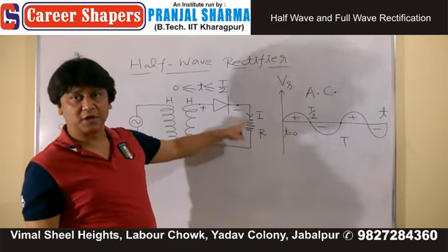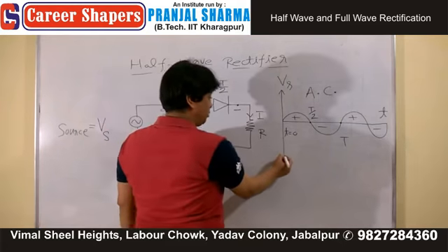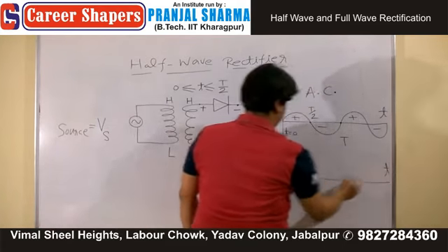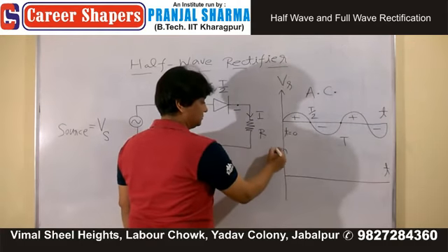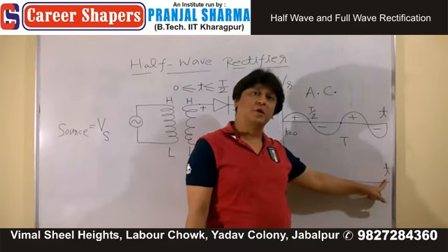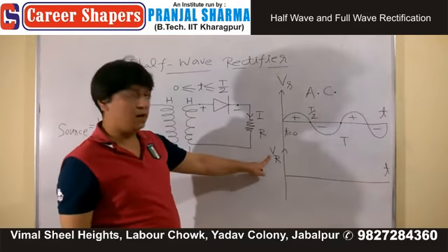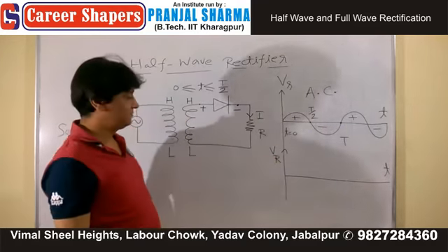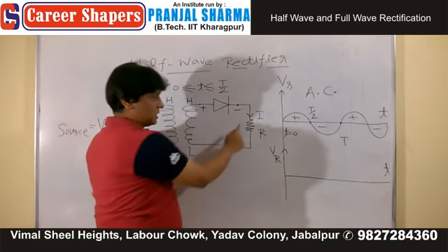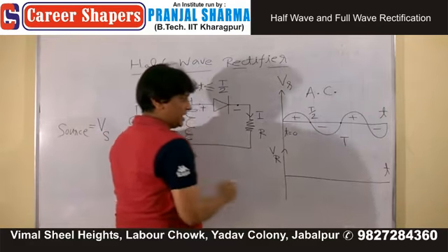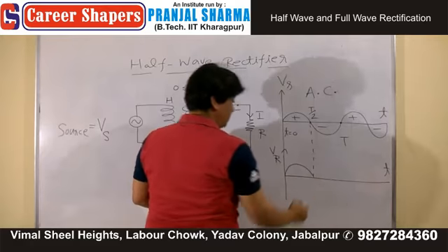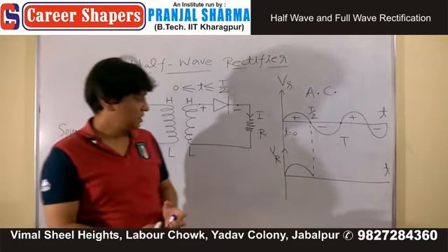If current is present and you draw the VR versus T graph, then for this time range your graph looks like this.